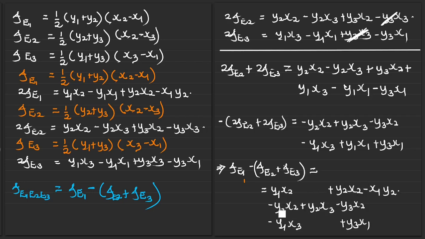There is also a negative y2 x2, so that also cancels out. And then finally, looking at it, we don't have any other term to cancel out. So these are what we have left of our evaluation.